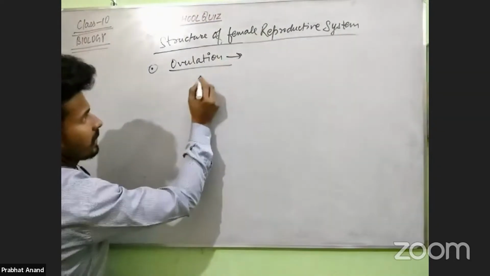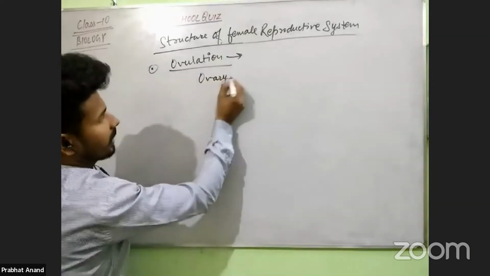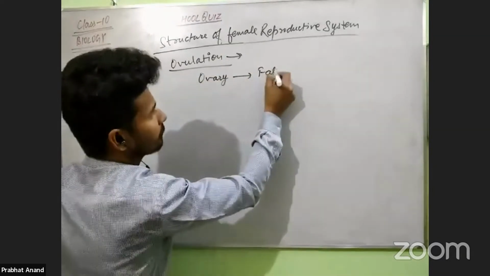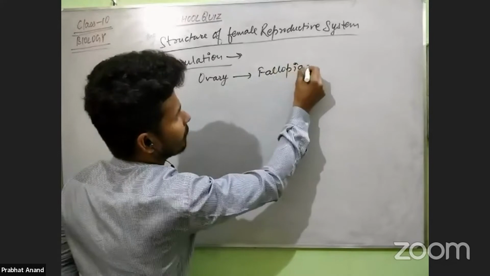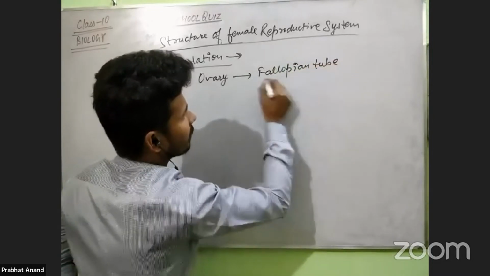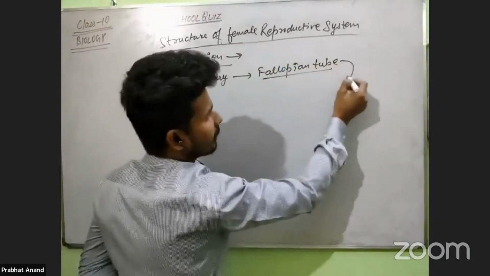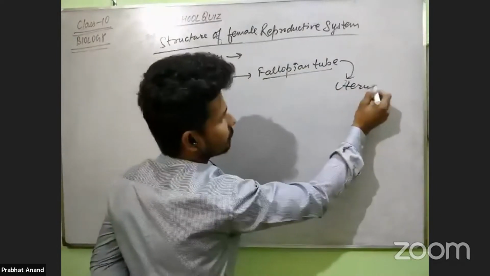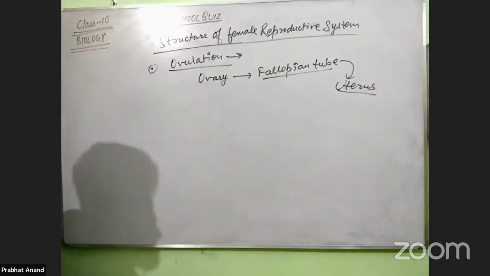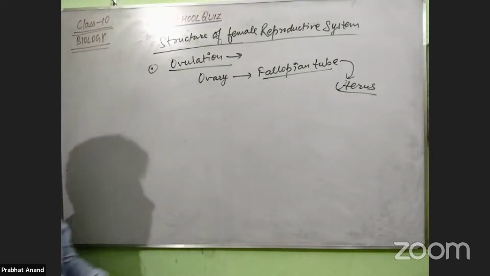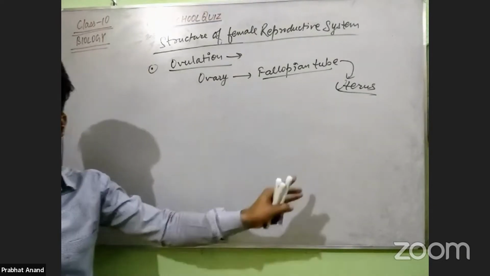So its sequence is from the ovary, it goes into the fallopian tube, and if fertilization takes place, it reaches the uterus. If fertilization doesn't occur, it comes out from the cervical canal or vagina.